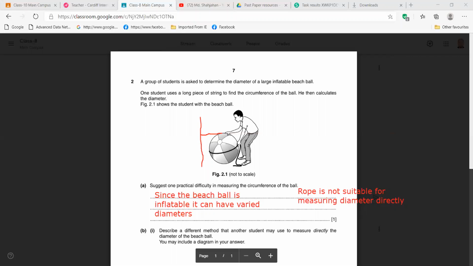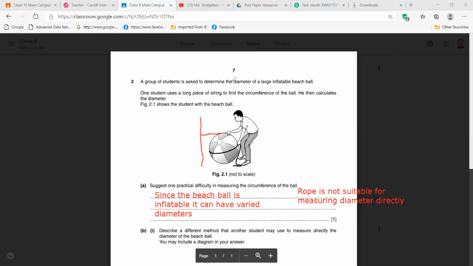Then any other ideas about what the difficulties are? Can you give me more ideas? The ball will rotate. That's a difficulty. It will slip. I mean, it won't stay in its fixed position.